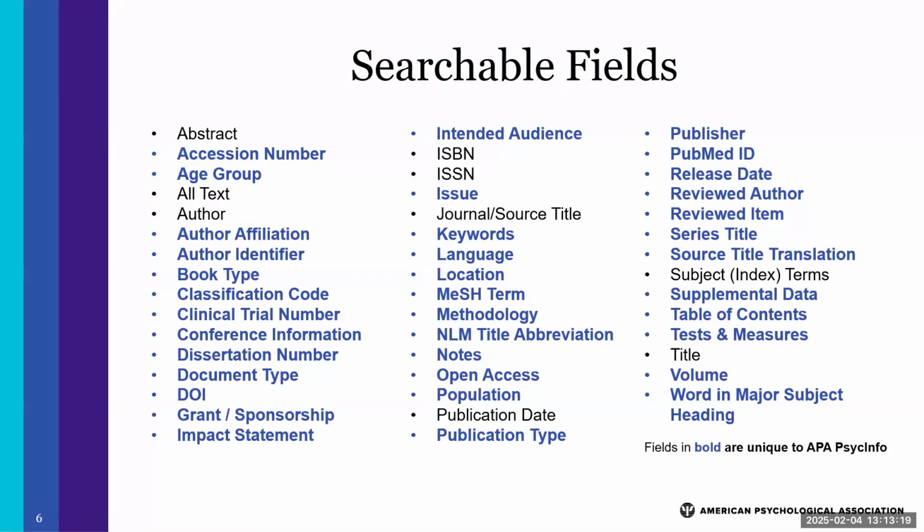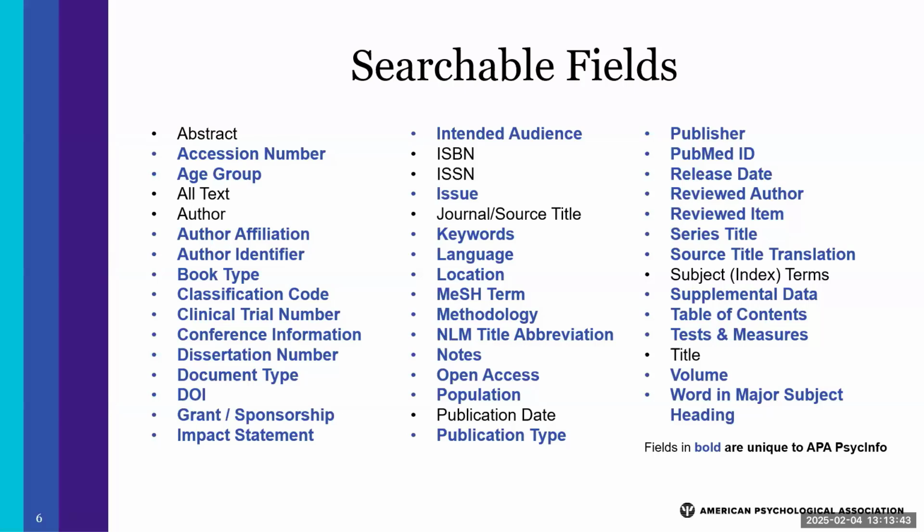Okay, so these are all the searchable fields. Again, today we're going to stick mostly with citations and topic terms. When I say topics, I mean mostly keywords and index terms from the thesaurus. But if you want to go deeper, there are a lot of searchable fields that you can add or limit by.